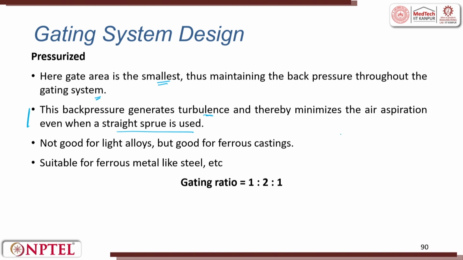Air aspiration, you remember, we have seen, right? So, here there will be a curve and these are all metal and this is a sprue. Even when the straight sprue is used, it is not good for light alloys but good for ferrous casting, pressure die casting, right? Suitable for ferrous metals like steel, the gating ratio is 1:2:1.